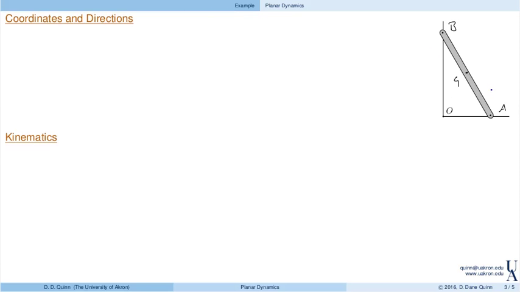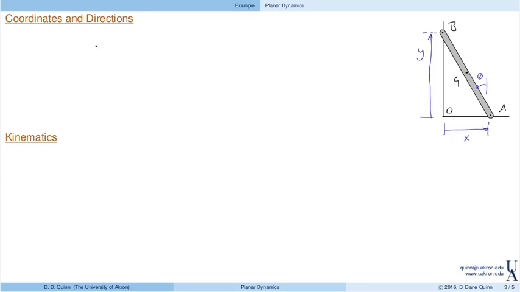Now, the problem statement gave us one coordinate. In particular, it gave us the angle theta. But in addition, because of the constraints at A, we will identify the displacement of A as x, and likewise, we'll identify the displacement of B as y.